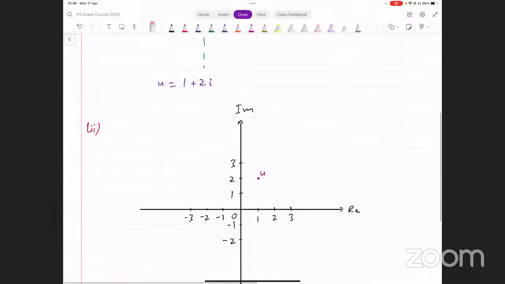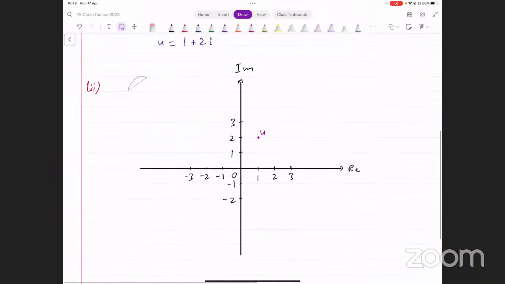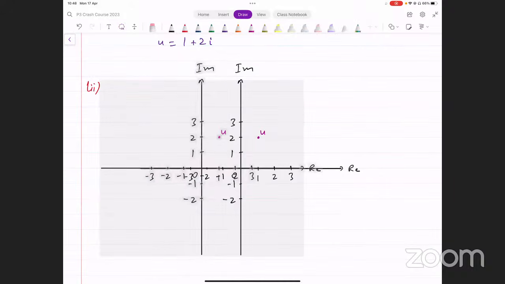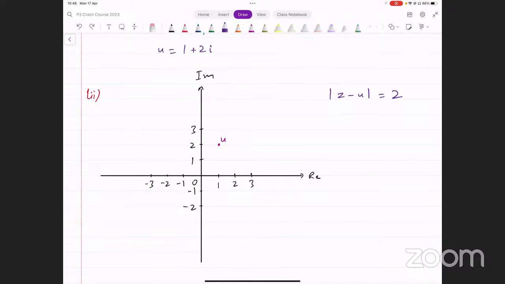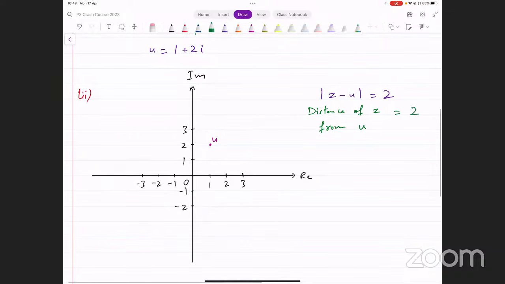Now, first of all, let's try to understand the statement. So it says modulus of Z minus U is equal to 2. Now remember how we interpret this thing. This means distance. Remember, when you have modulus here, that represents distance. Distance of Z from U. So it's the distance between Z and U. That is equal to 2.